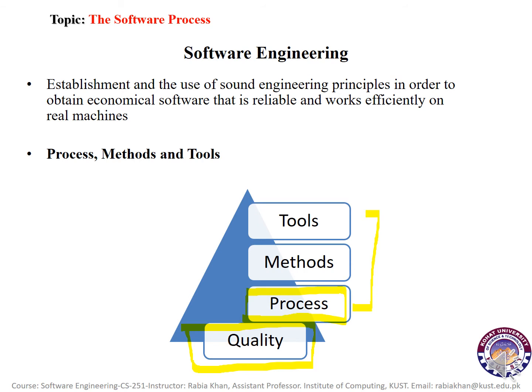Keep in mind, quality is quite a vague term here. I'll be defining quality in detail in the coming chapters, but quality means different things to different people. For now, keep in mind that the intention of software engineering is to have quality software, and for this, the base is to have a stable process.